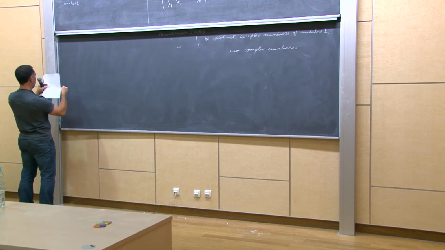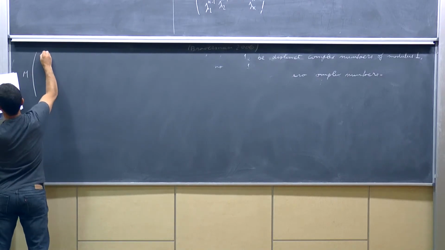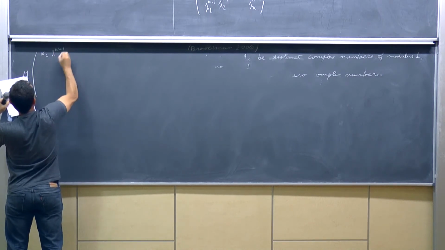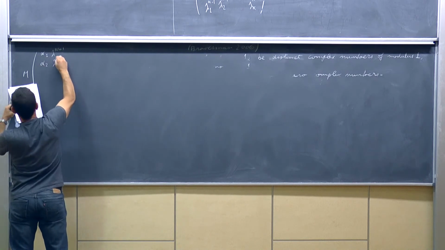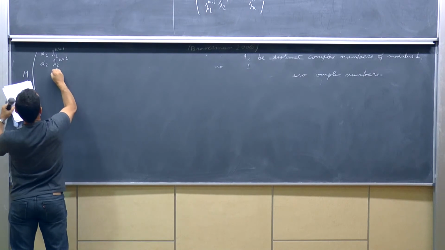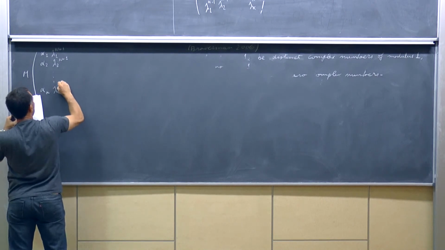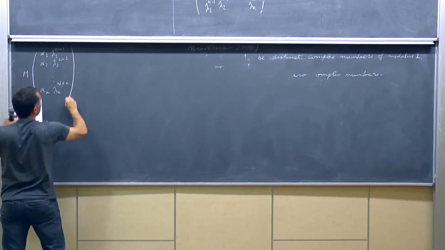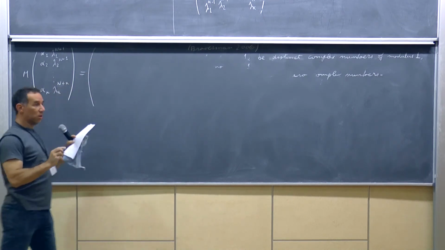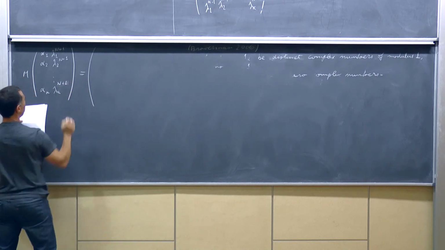Okay, so I have my invertible Vandermonde matrix, and I write M times the vector (alpha 1 lambda 1 to the n plus 1, alpha 2 lambda 2 to the n plus 1, dot, dot, dot, alpha k lambda k to the n plus 1).